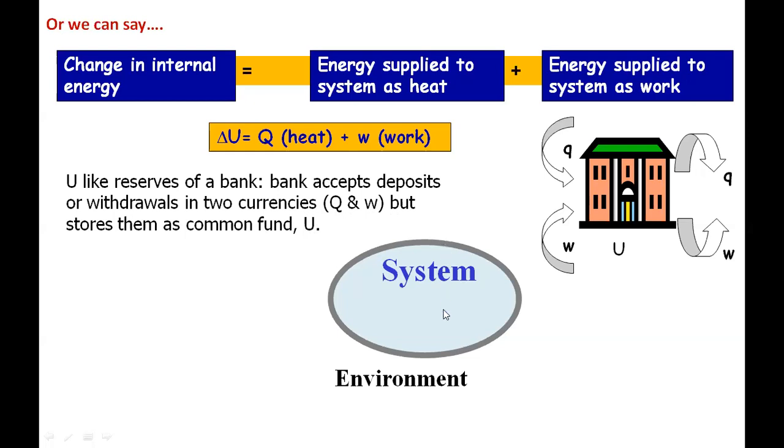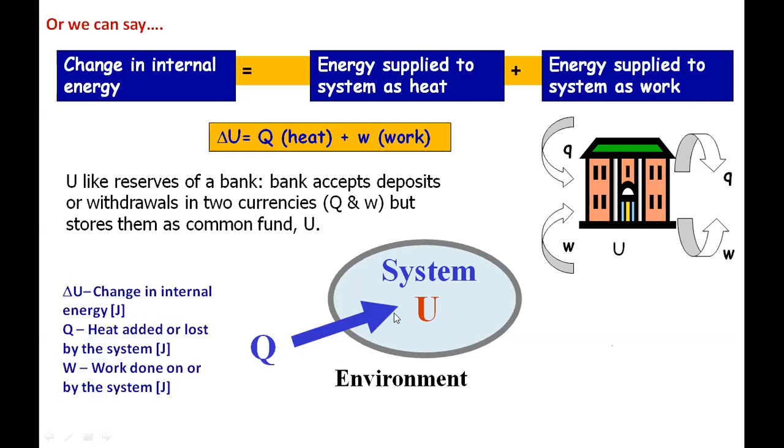so we have this system U, and we have energy supplied as a heat اللي هي Q, and also supplied work.